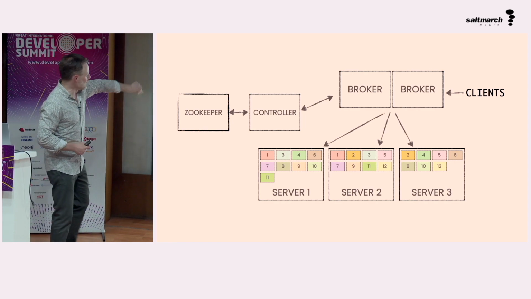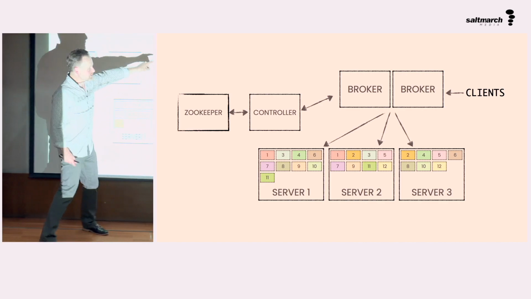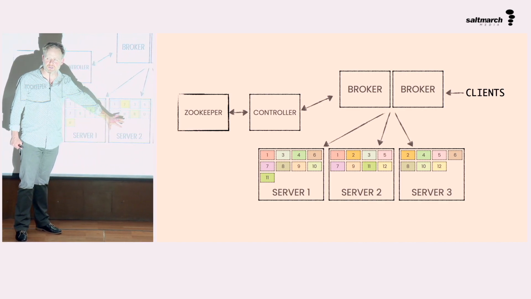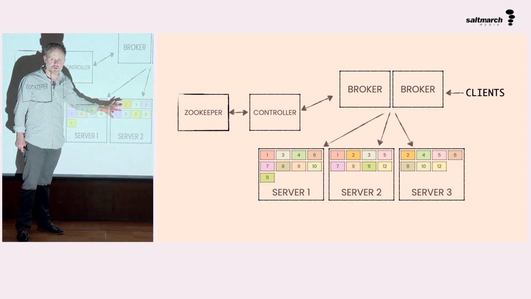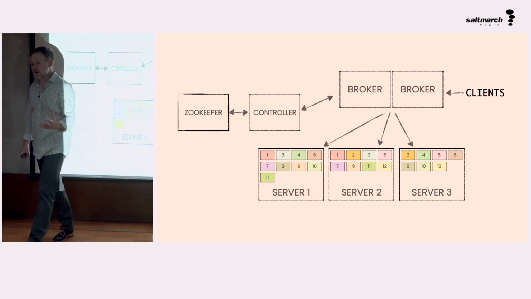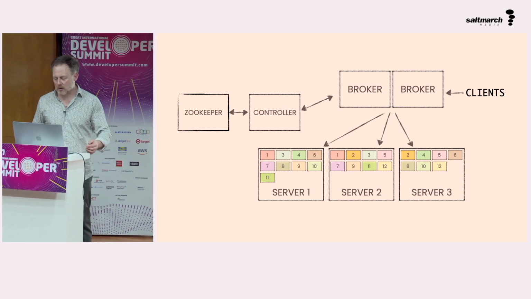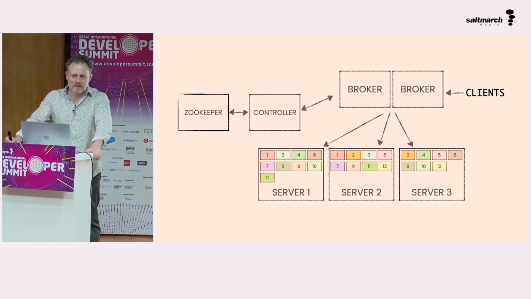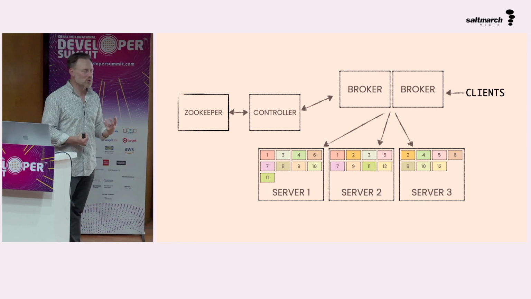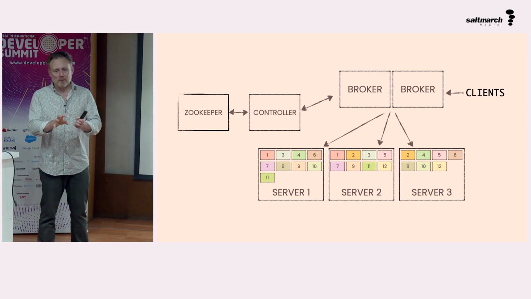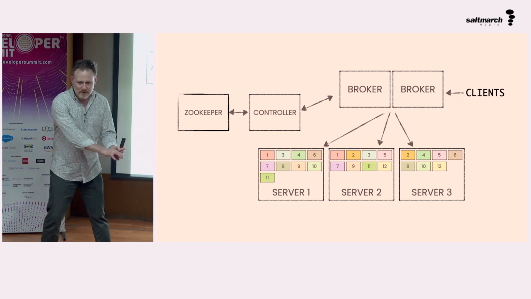Now, before I move on to the controller and Zookeeper, this architecture here is the simple introduction, and there's a lot to cover. This is the single stage query engine, which is historically the only engine in Pinot. As of about 9 months ago, there's been the multi-stage query engine, where the broker comes up with a complete plan and says, okay, you 5 servers, you've got the raw data.